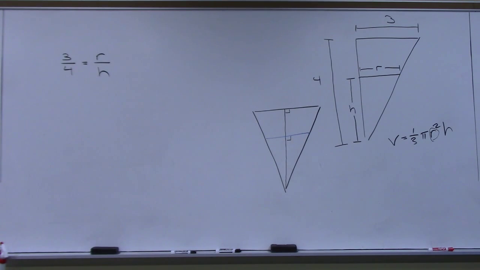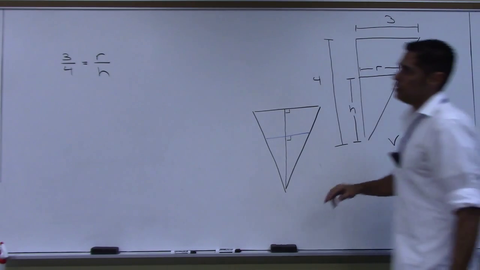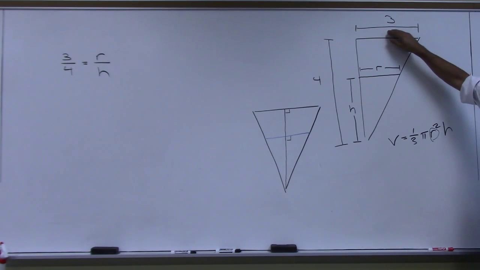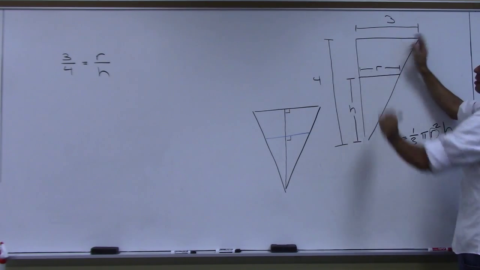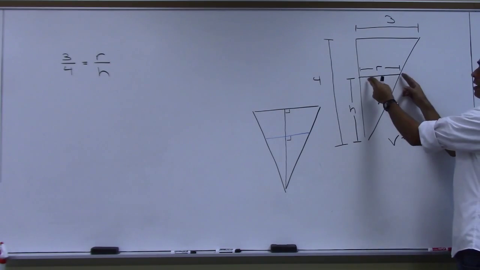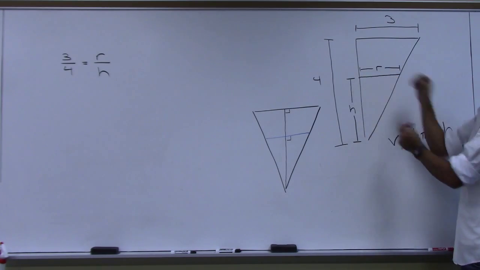Should be, because it's not moving. Right? So what is that going to allow me to solve for r in terms of h? Is that the correct proportion? The short side of the big triangle over the long side of the big triangle is equal to the short side of the little triangle over the long side of the little triangle.